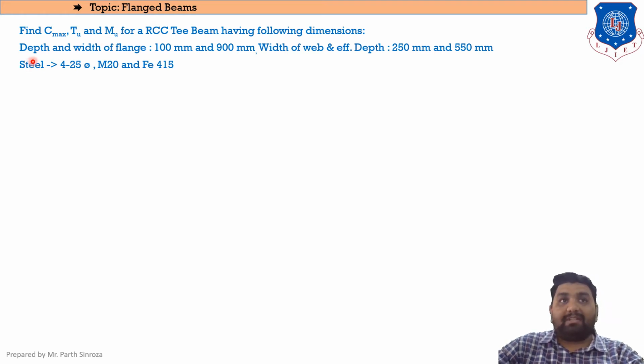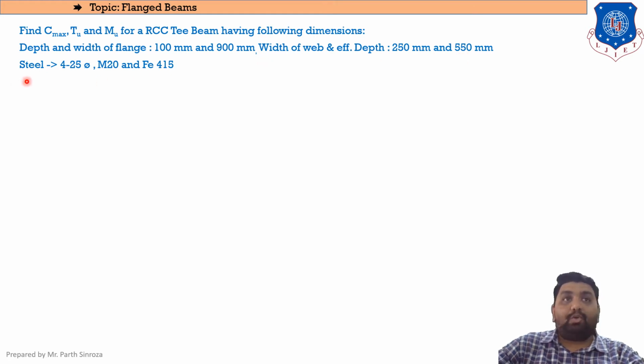So we are supposed to find these three things for the criteria that are given. The depth of flange is 100 mm, that is Df. The width of flange is 900 mm, that is bf. The width of web is 250 mm, that is bw, and the effective depth is 550 mm, that is small d.